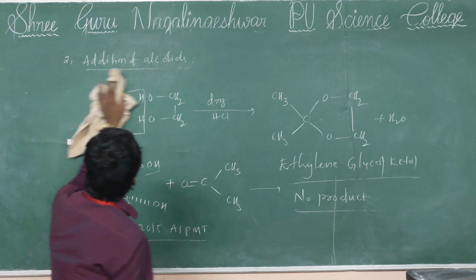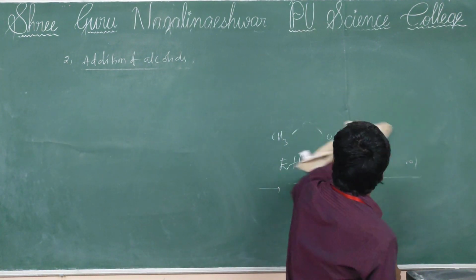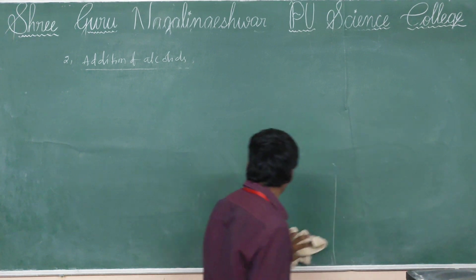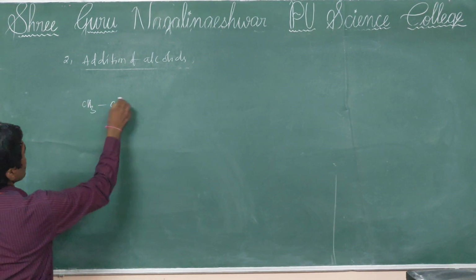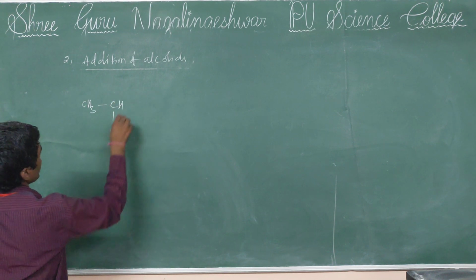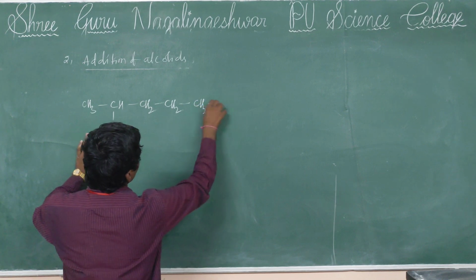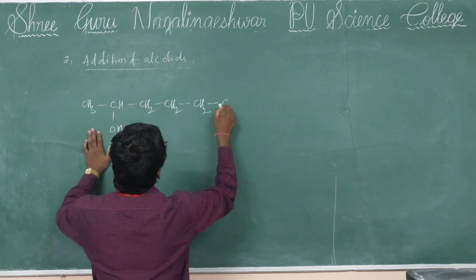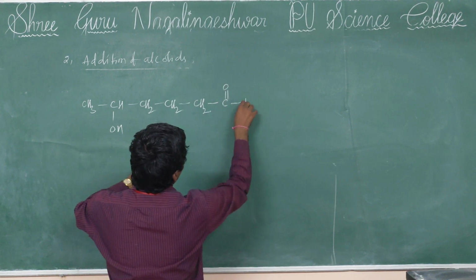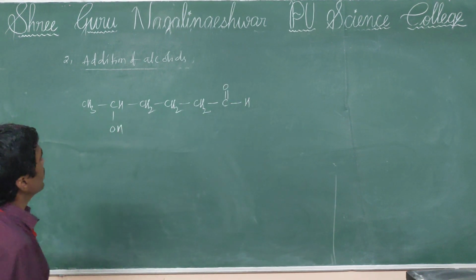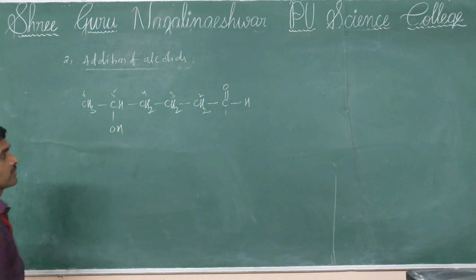And finally, one important question: CH3, CHOH, CH2, CH2, CH2, C double bond O, H. What is the name of this? 1, 2, 3, 4, 5, 6.